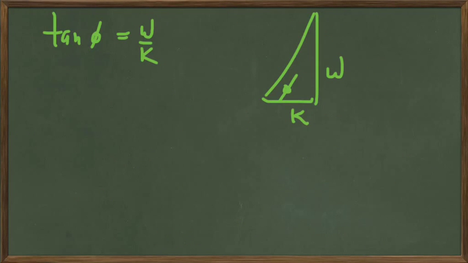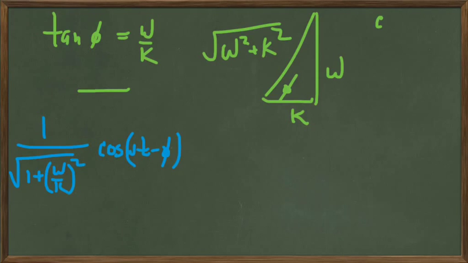So converting from one formula to the other, we start with the tangent of phi, or the relationship between phi, omega, and k having to be, to make this conversion, that tangent phi equals omega over k. We set up a triangle. Tangent is opposite over adjacent, so there's omega, there's k, and then the hypotenuse would be what? Omega squared plus k squared. And then if we use the trig formula that cosine A minus B is what?